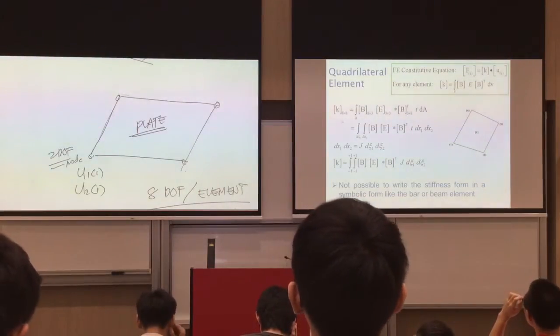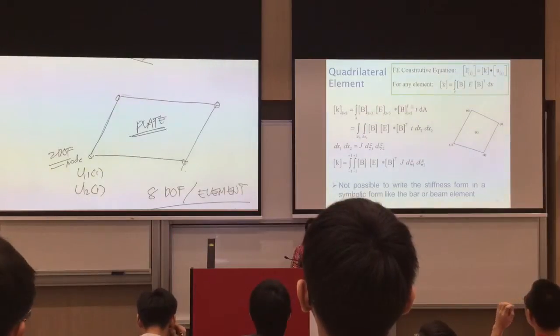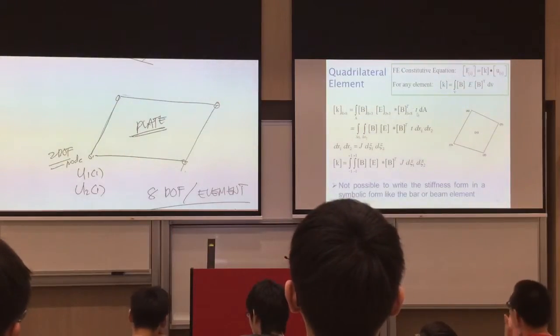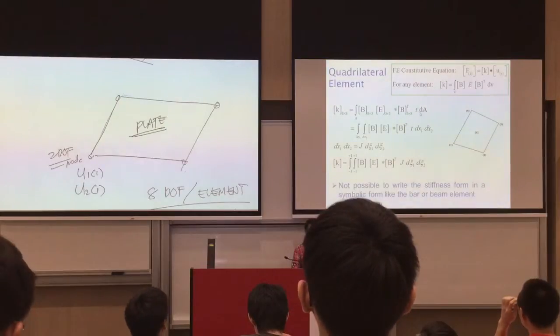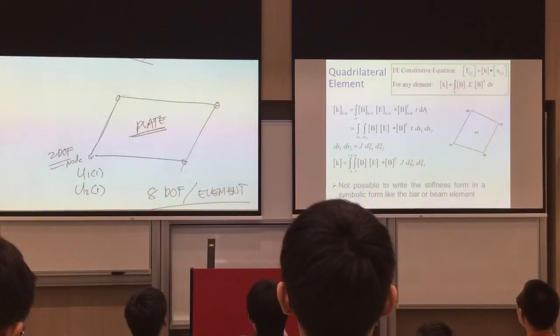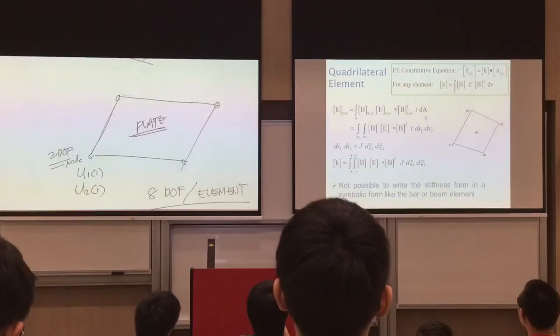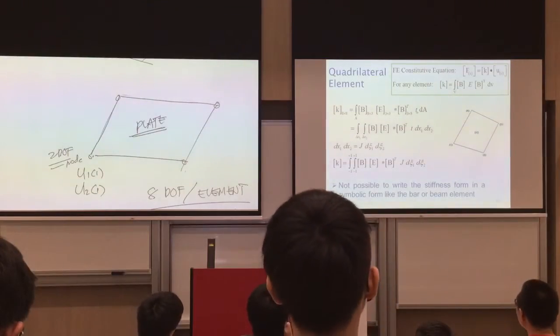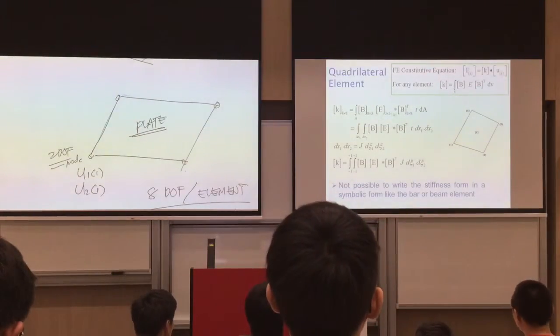So again, this equation is similar in form to what we did earlier. EDA, meaning just the thickness multiplied by the area. So it's still the volume integral. But since the thickness is constant, you can bring it out.